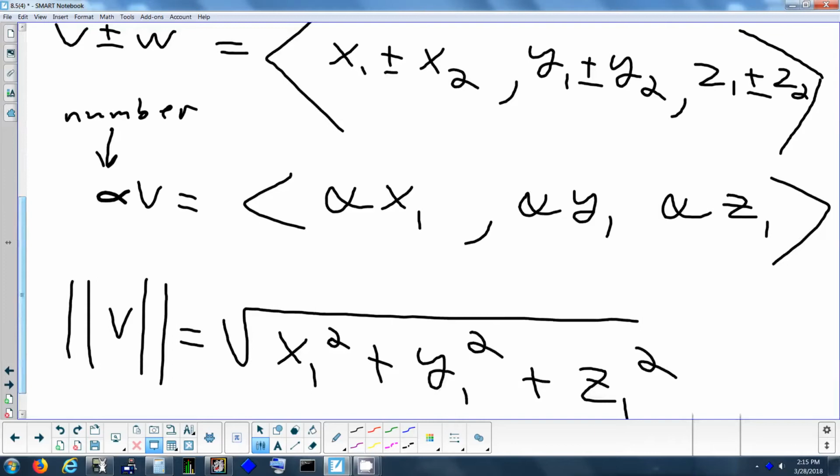Okay, so we'll go through an example of finding each one of those. Maybe I'll skip subtraction. We'll just do addition, a scalar product, and a magnitude. Any questions on the formulas before we try some examples?